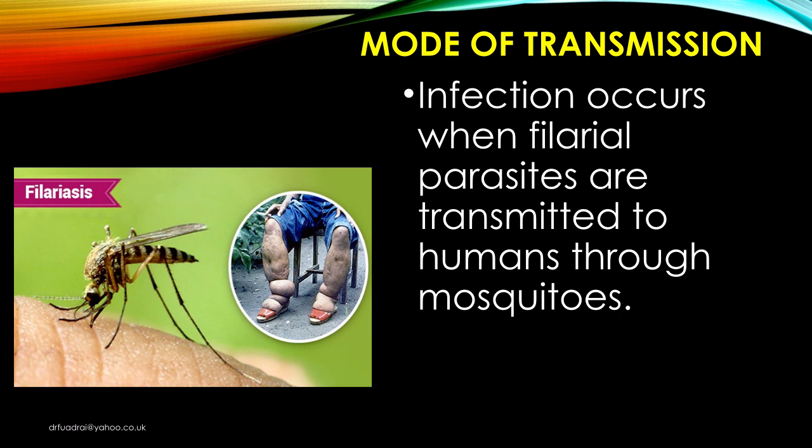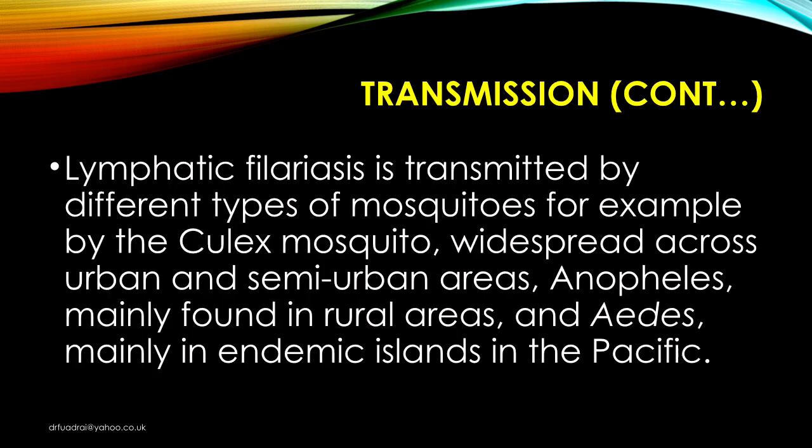In the prepatent period, it is not known, it hasn't been diagnosed as such, but the clinical incubation period is 8 to 16 months. And lymphatic filariasis is transmitted by different types of mosquitoes. For example, we've already discussed all of this.